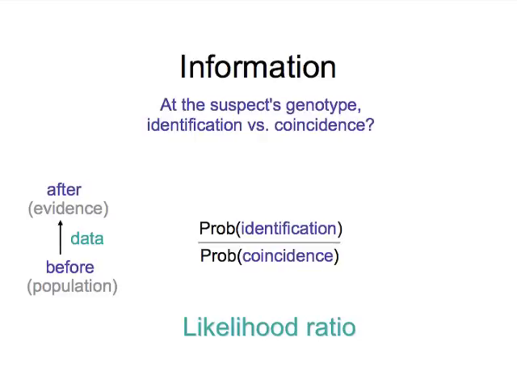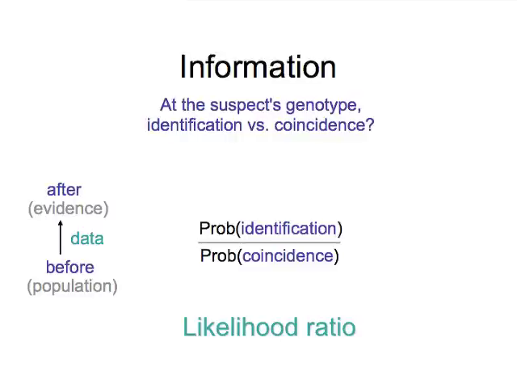Next slide. We want match information. At the suspect's genotype, is the match an identification or a coincidence? This probability ratio turns out to be one of the many forms of writing down the likelihood ratio. We can start with the probability beforehand, in the denominator, of what could occur in the population by coincidence.